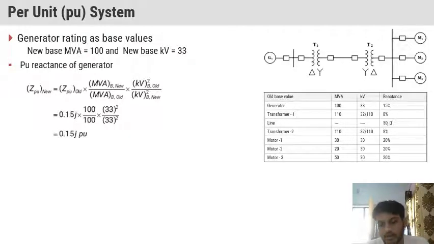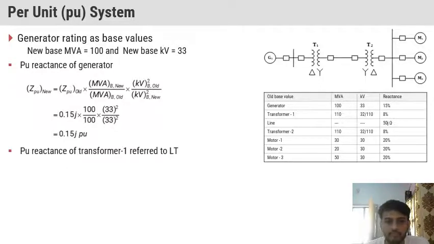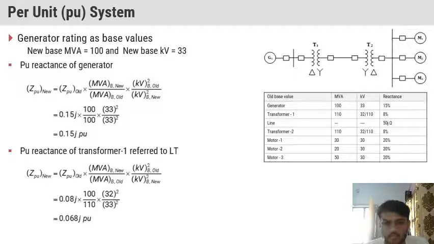This is the main formula. You have to remember this formula for calculating any new impedance value from the old impedance value and base values. Then we have transformer T1, which is rated at 110 MVA, and its voltage is 32 by 110.